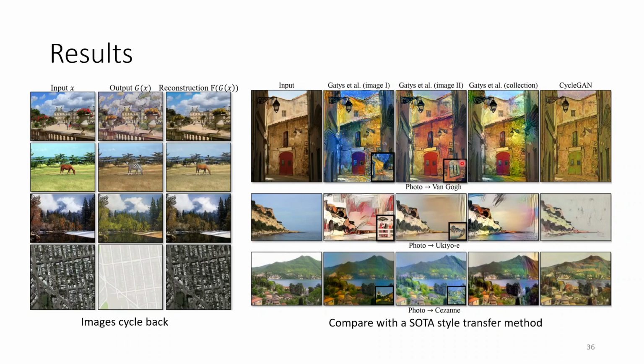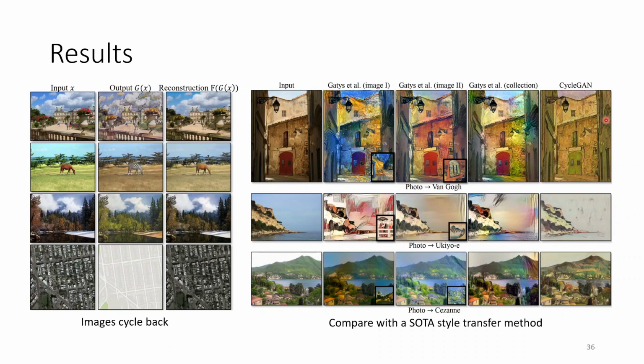If they use another style image, they will generate another output result. And this is a collection, meaning they have several images in a collection and use the collection to generate output. So it's partially like this and partially like another one.